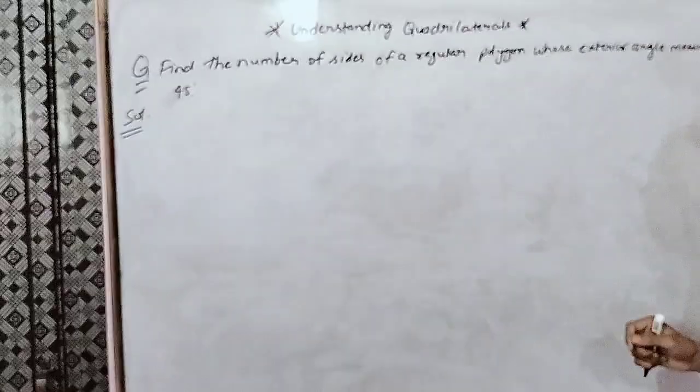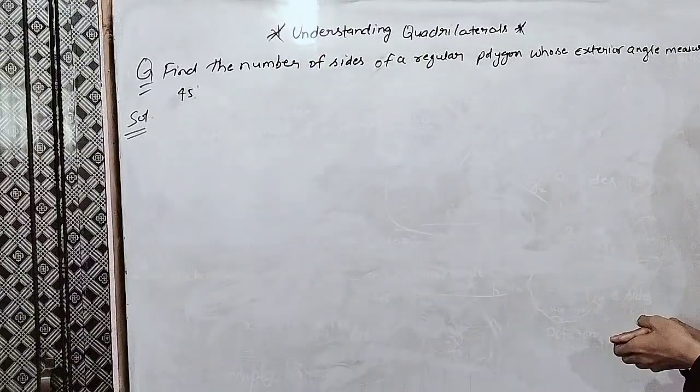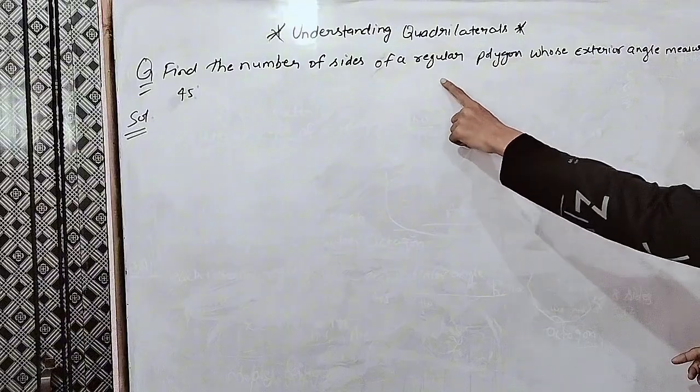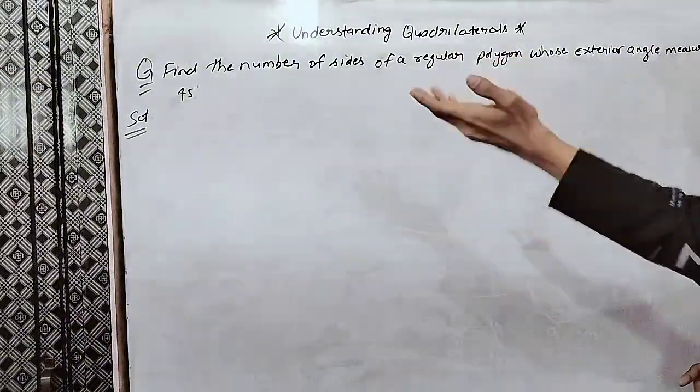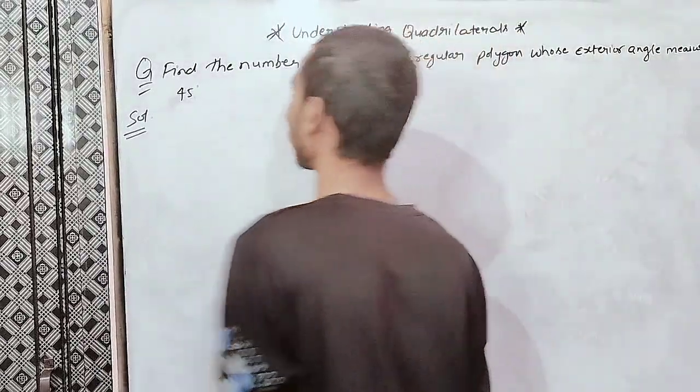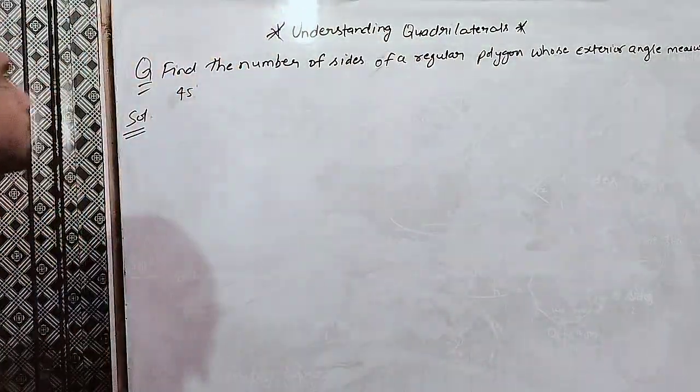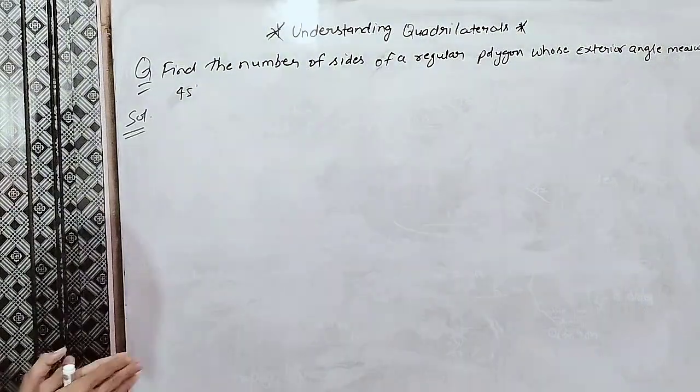The exterior angle measure is 45 degrees. Notice the words regular polygon. So each exterior angle is how much? 45 degrees.